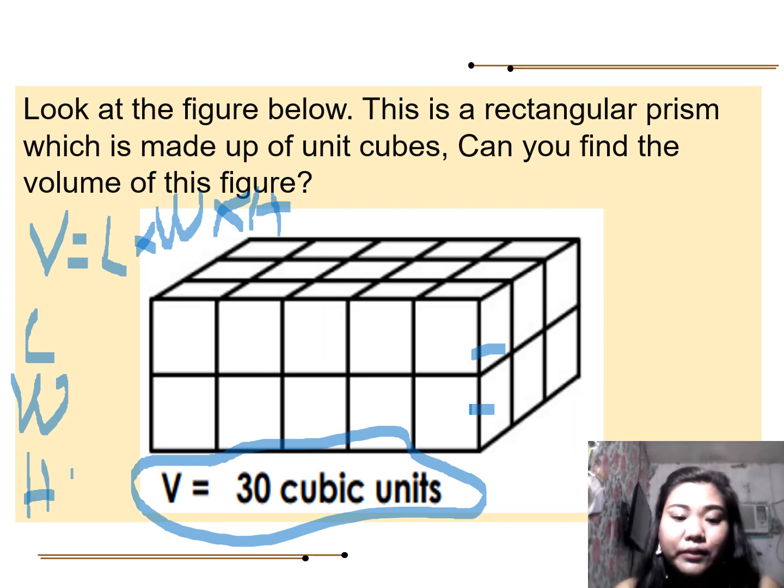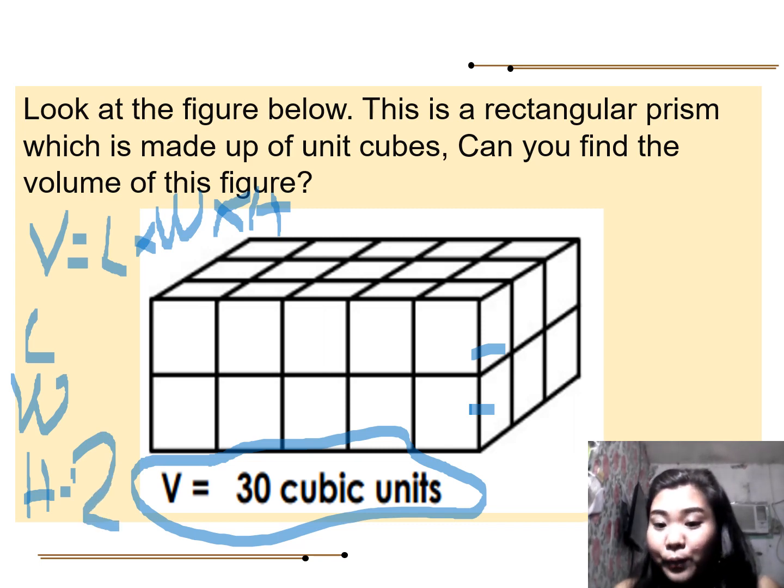Height is equal to 2 units. How about the width, yung lapad niya? Let's count, we make it yellow: 1, 2, 3. So it has 3 units.